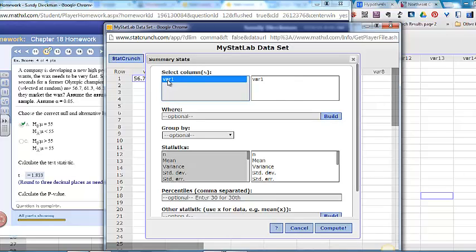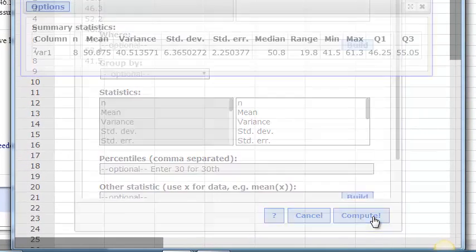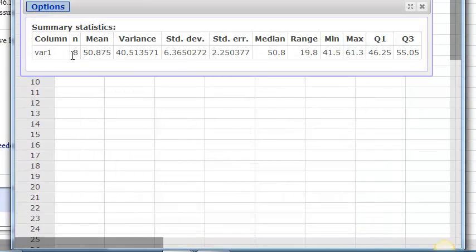I click on that and it pastes it over here, and if I hit compute, I have my mean is 50.875, my sample size is 8, and my standard deviation is 6.36. There's lots of other information here, but I don't need it for this problem. The three things I need are n is 8, the mean is 50.875, and the standard deviation is 6.365.